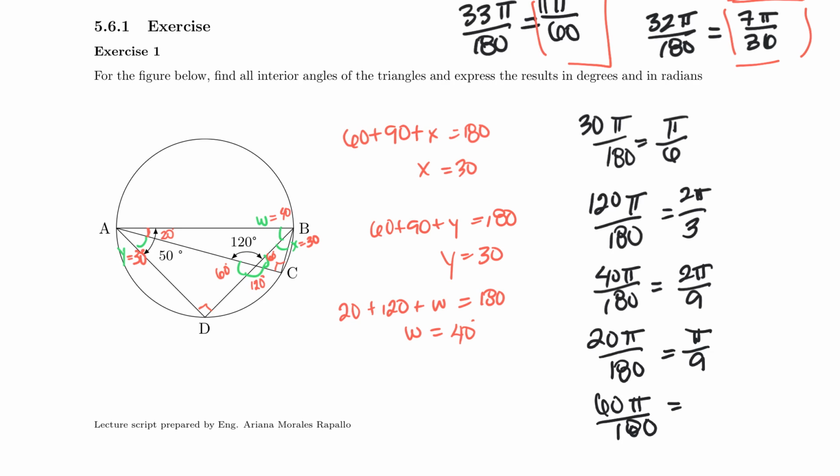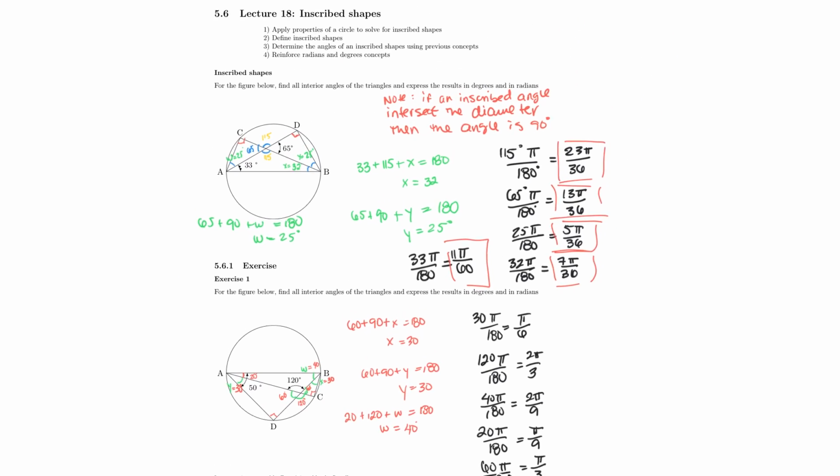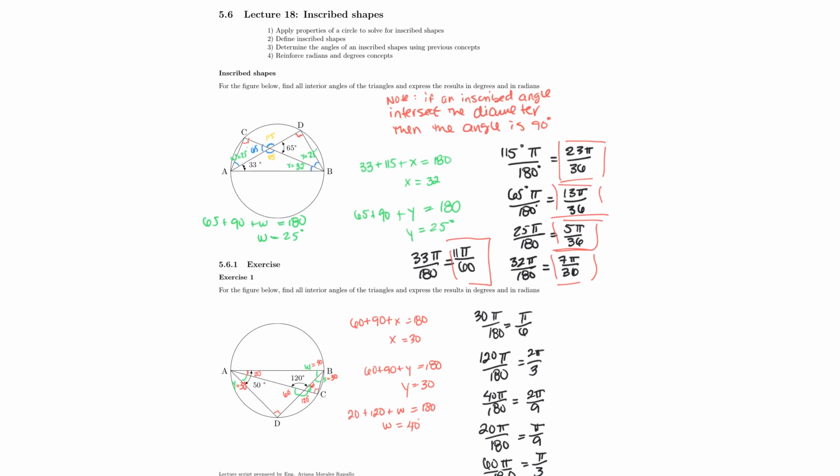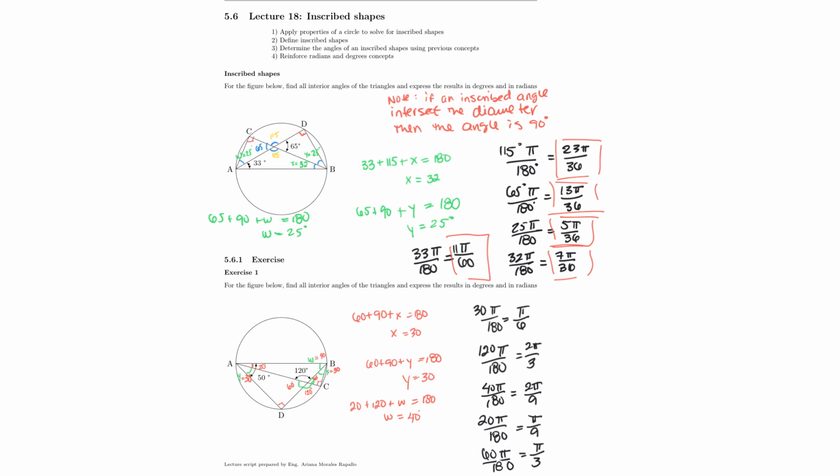And this is equal to pi over 3. Okay, so this A looks very bad in here. Okay, so with this, we already solved for all inscribed angles, and we converted everything to radians. So let's move on to more exercises.